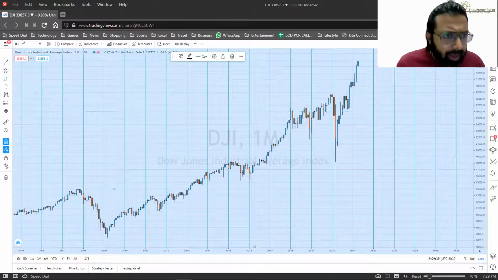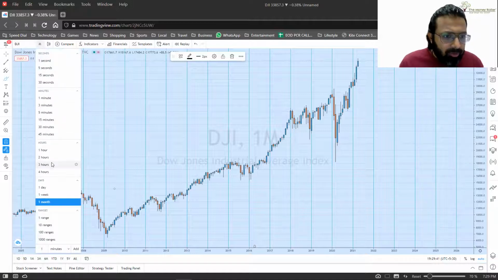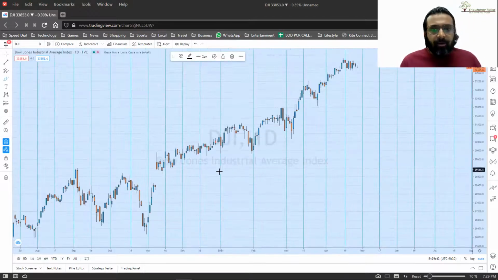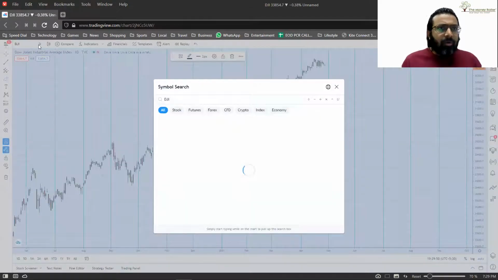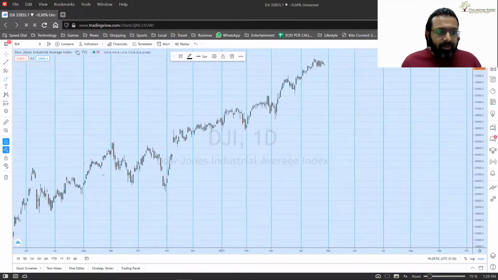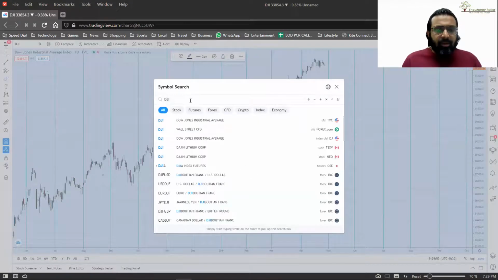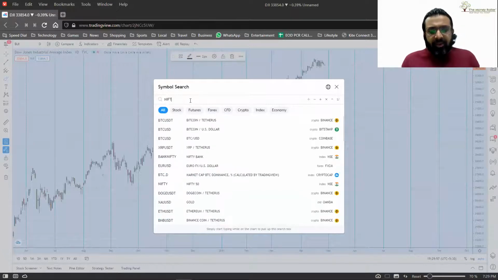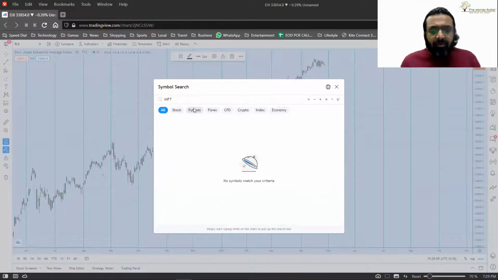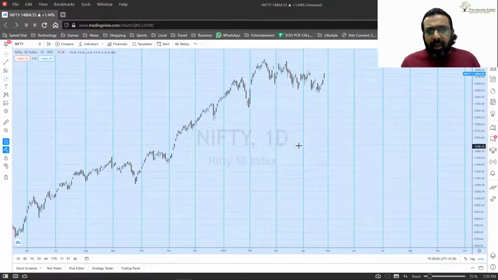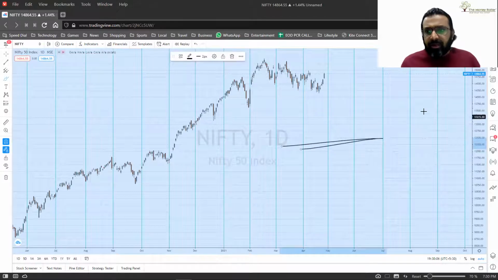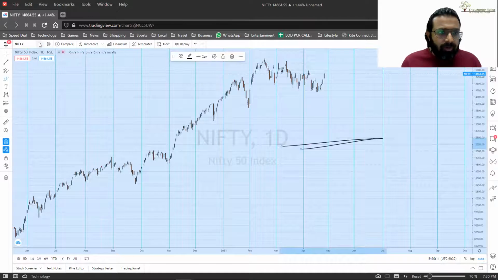So before I conclude, I want to reply to one query which keeps getting asked, which is, how do I identify a trend? People ask that, okay, fine, visibly you can make out this is going up, this is going down, but is there any method for identifying a trend? So for that purpose, I will again load the Nifty chart.